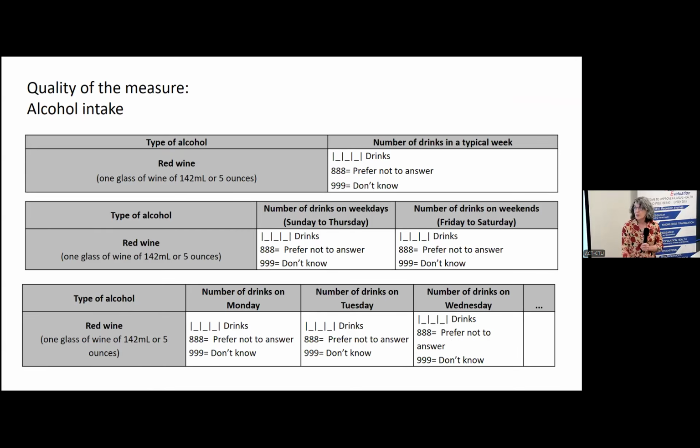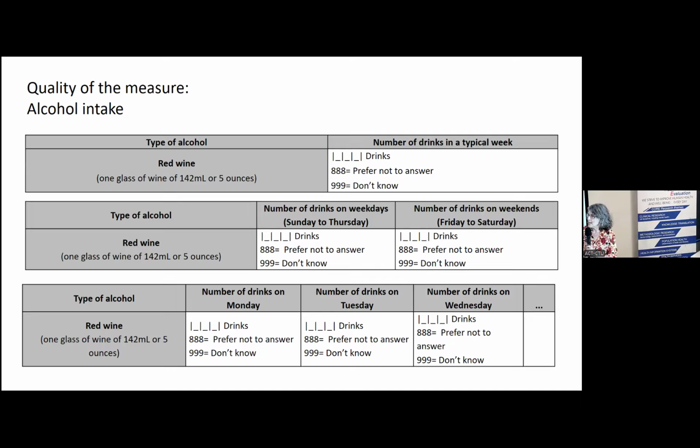Okay, another example from CANPA. There was a lot of discussion about collecting information about alcohol intake. And you had 3 choices at the end of the discussion. The first one was the same for red wine, white wine, beer, etc., but the idea was to have the number of drinks in a typical week.